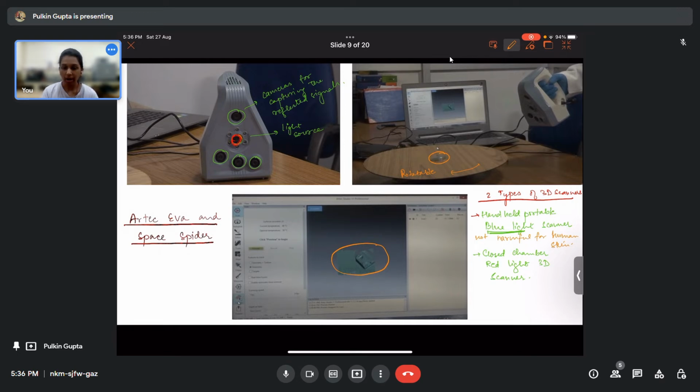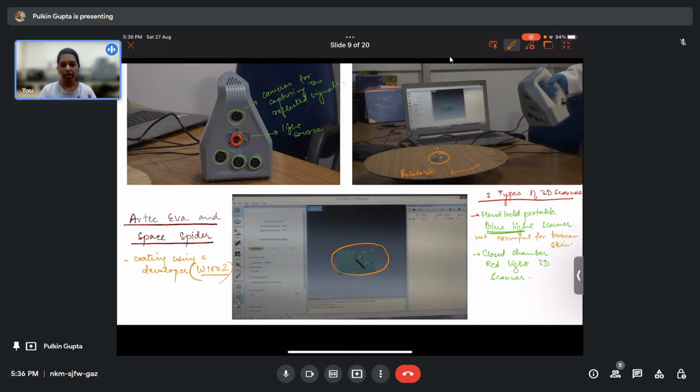So for that, what we do is we coat them using a developer. What was shown was the W1003 developer. When it was sprayed over the object, it formed a coating on the surface.